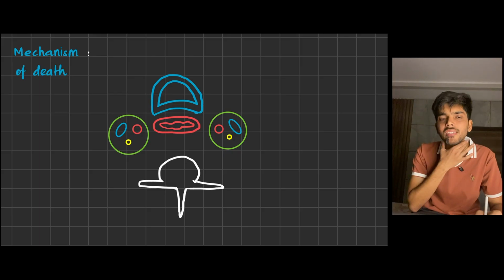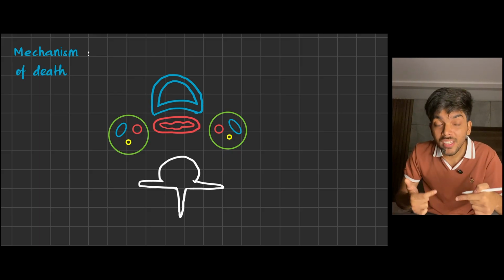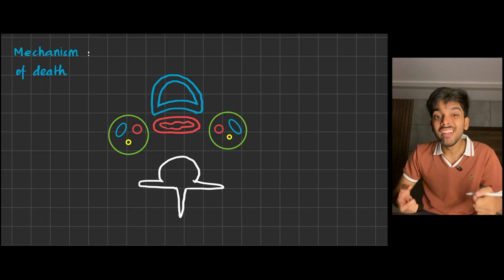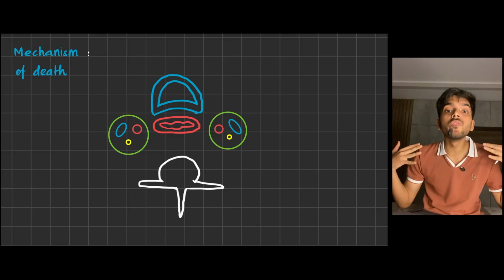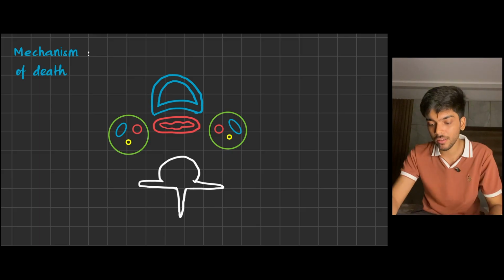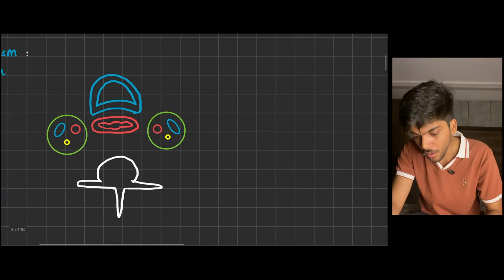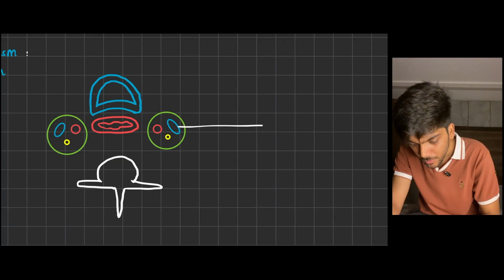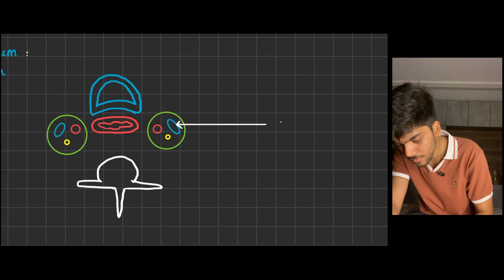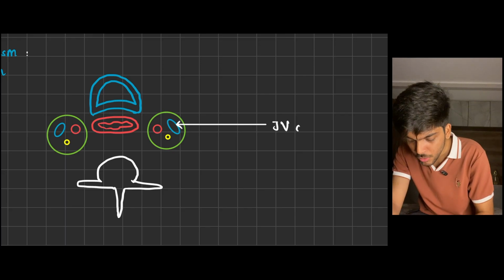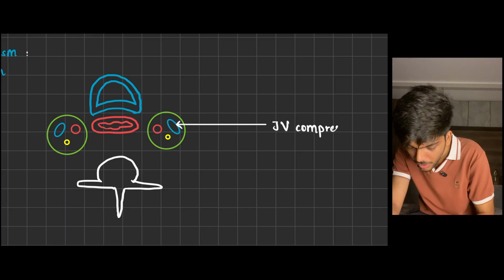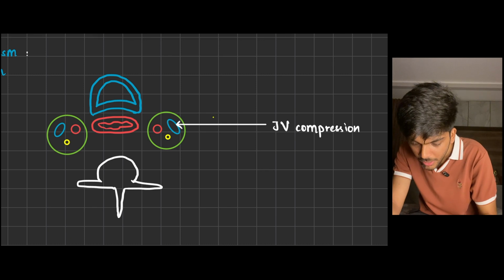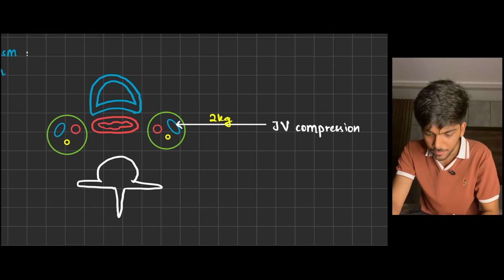So when the neck is compressed, each one of these structures gets compressed depending on how much force is constricting the neck. Most superficially, you have the jugular vein. The compression of the jugular vein requires only 2 kg of force.